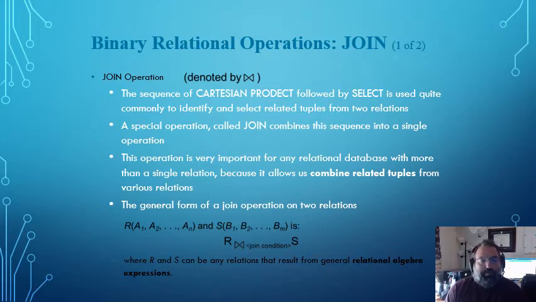The general form of a join operation on two relations is as follows, where R and S can be relations that result from general relational algebra expressions. The takeaway is that join is so common that the combination of a Cartesian product with a condition is important enough to have its own operation.